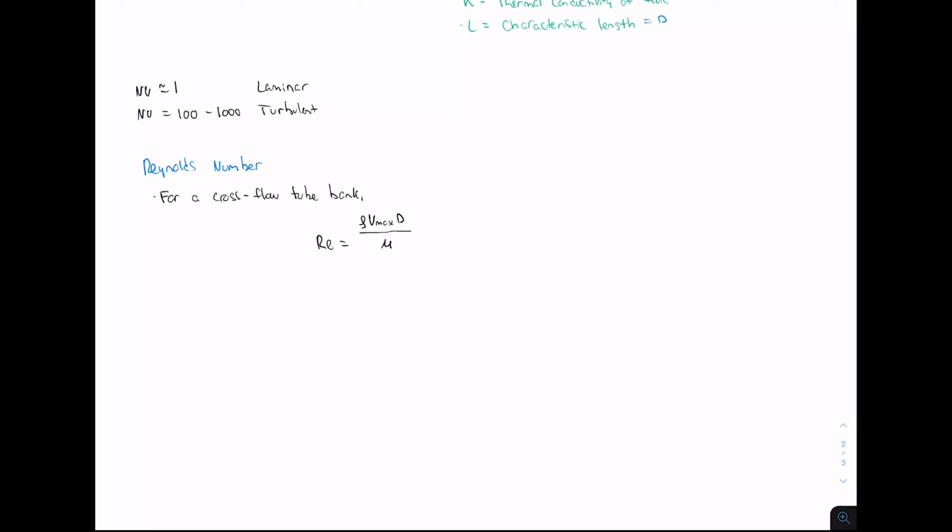So we're going to simplify our Reynolds number here. We're essentially going to solve for v max, and you'll see that once we solve for this, this is going to be the outlet velocity that we have. So we're going to solve for this right now so we can easily calculate the Reynolds number for this experiment.